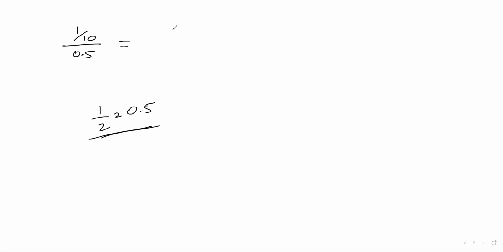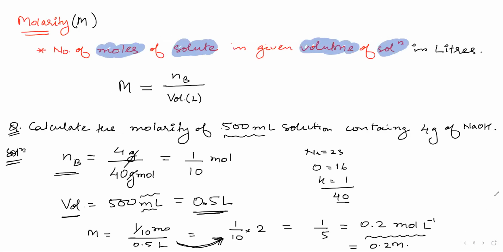So I can write 1 by 10 divided by 1 by 2. This will be 1 by 10 into 2 by 1, which is 2 by 10. Yes, sir. Got it.